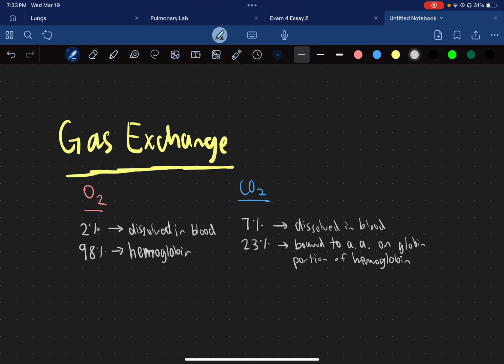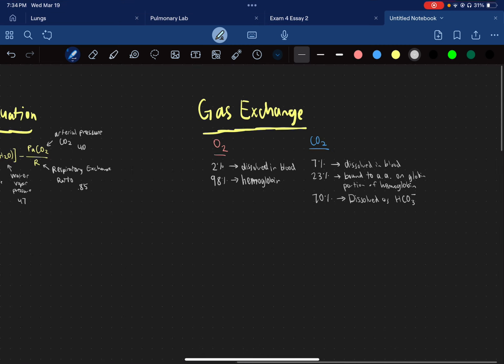And then 70% is going to be dissolved in the blood as HCO3 minus, or bicarbonate. So those are the different ways of transporting oxygen and carbon dioxide in the blood.